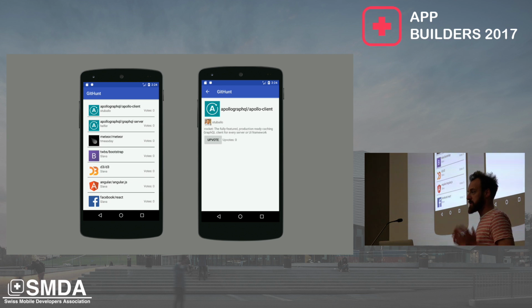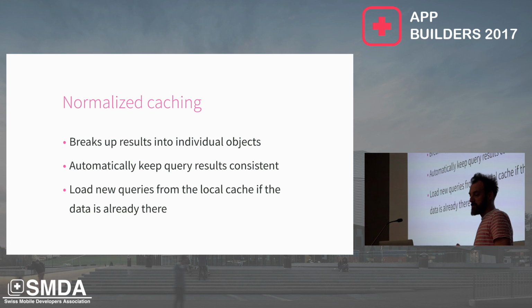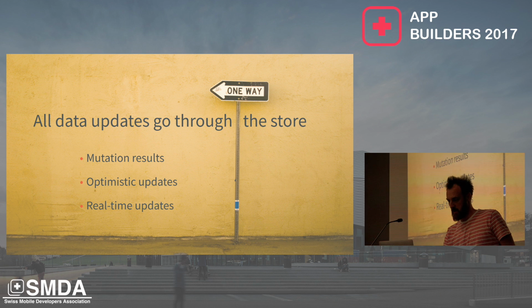And instead of storing responses as a whole, as a tree, we break them up into individual objects. We then merge every response into the normalized cache. So we always have a consistent view on individual objects, which has the benefit that we can use that to automatically update other parts of our app. But it also gives us the ability to load data from the cache directly when everything is actually already there.